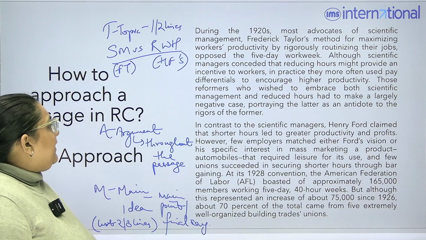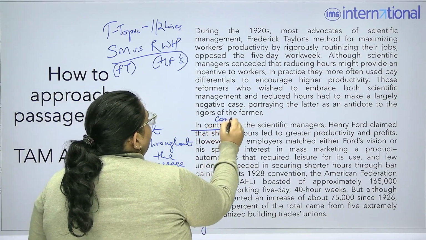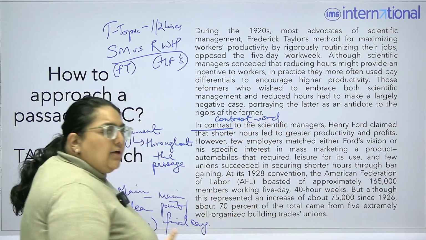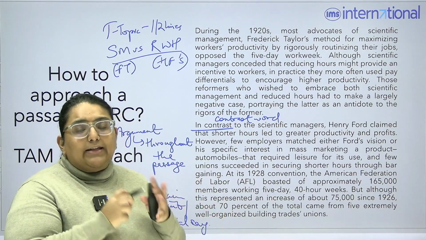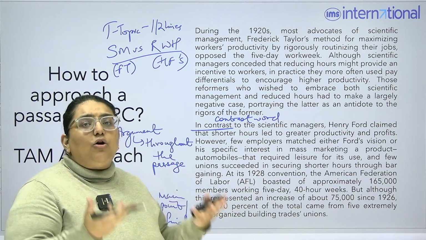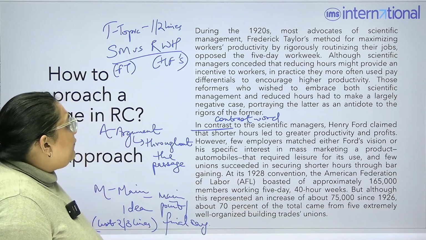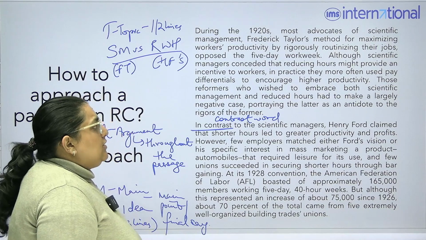Now, let's read ahead. Whenever we find a contrast word like but or however, these words tell us about the argument. They help us establish what the author is trying to say. In contrast, Henry Ford claimed that shorter hours led to greater productivity and profits.